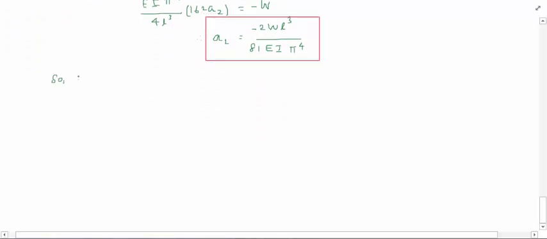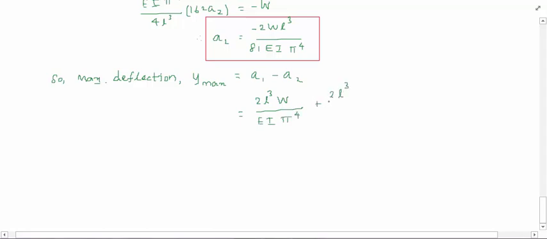Okay, so now substitute these a1 and a2 values in the maximum deflection equation. We know that y max will be maximum at x equal to L by 2. If you reduce this, you will get a1 minus a2. Substitute the a1 value and a2 value here. So it will become plus because a2 is negative.